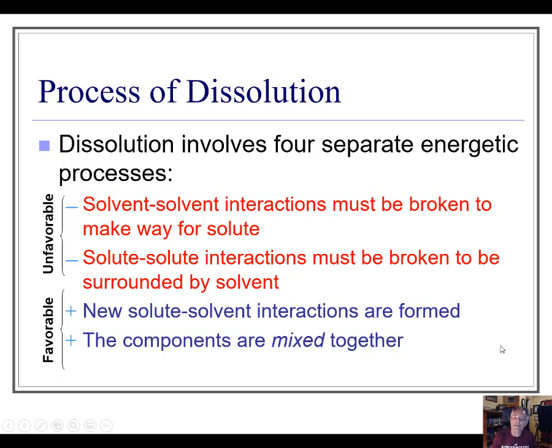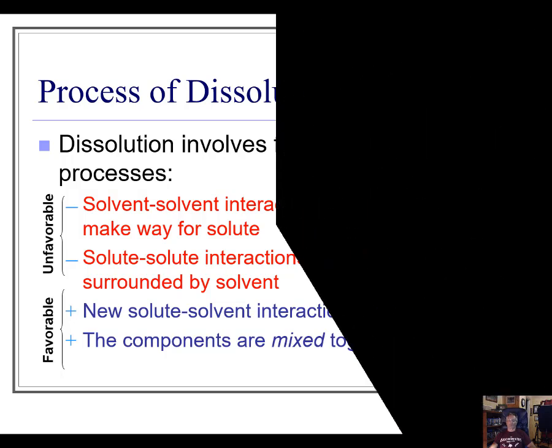So this is always going to be endothermic, and this is always going to be exothermic. But overall, if I add up these two endos and exos for any particular solution formation, would you expect overall solution formation to be exothermic or endothermic, given that exothermic is more favorable?